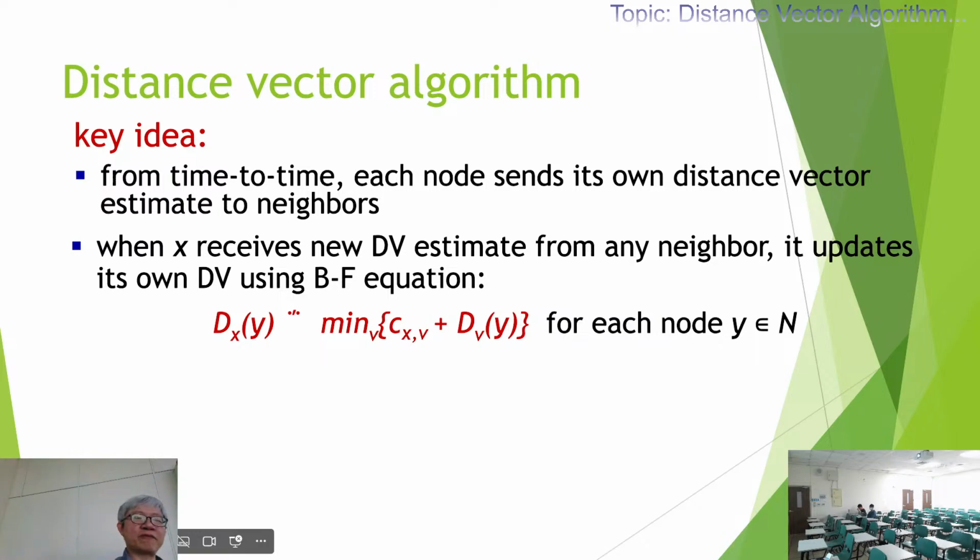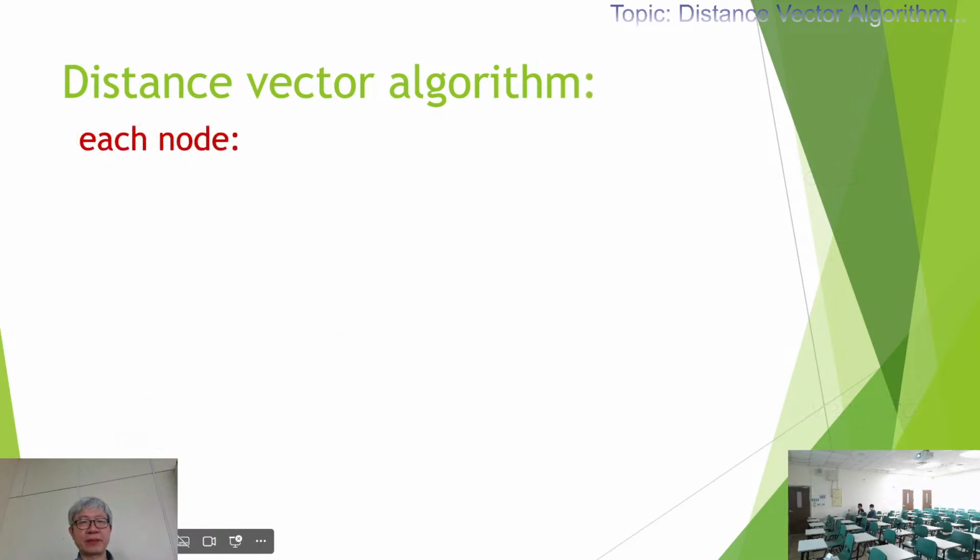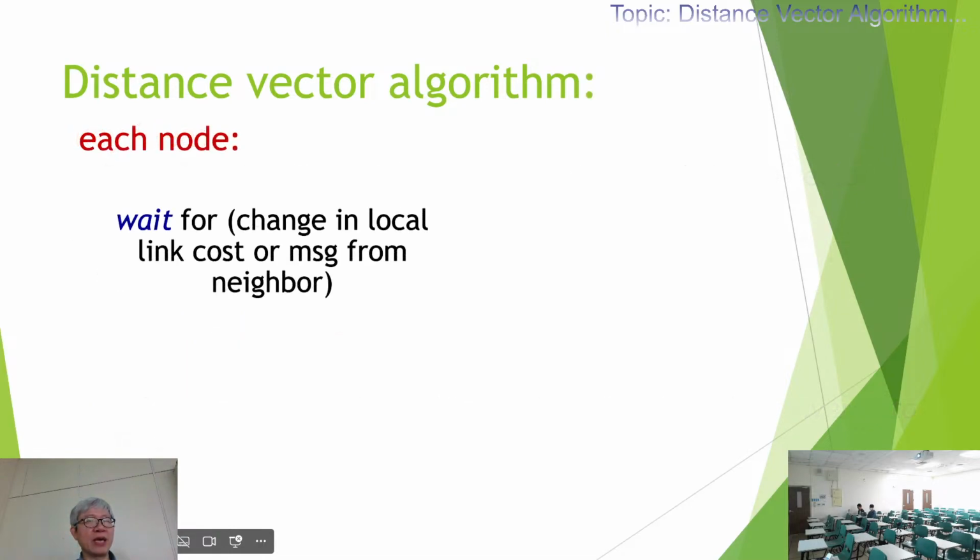So the key idea, in fact, is we want to pass on the Bellman-Ford equation to have the update. If we can have the update, then we need to broadcast to the neighbors. So each node waits for any change.